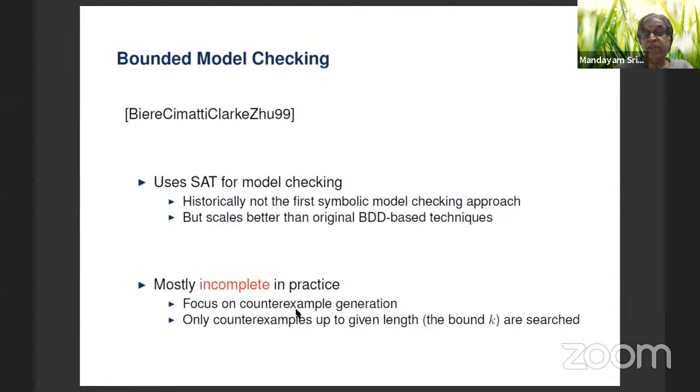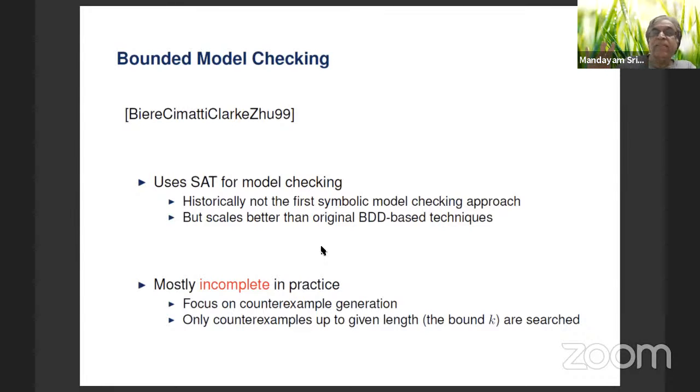Okay, in practice, an engineering team will use effective methods for eliminating bugs, even in incomplete form, and you will see why this method is incomplete. That's how it started.